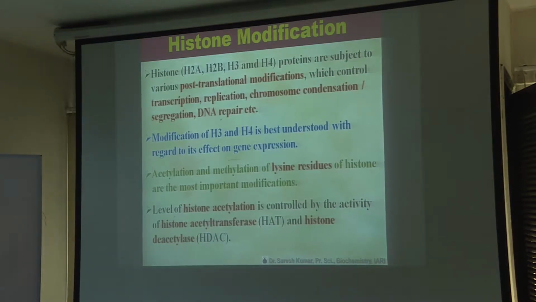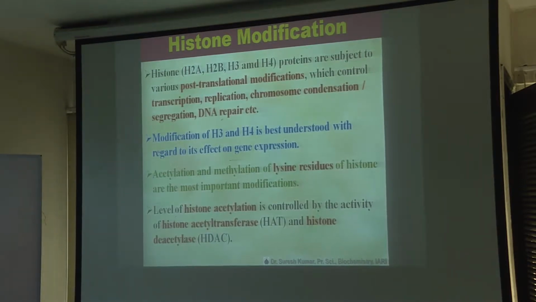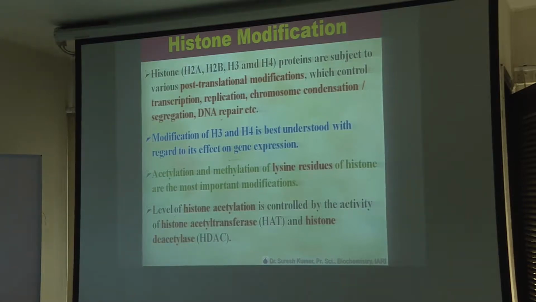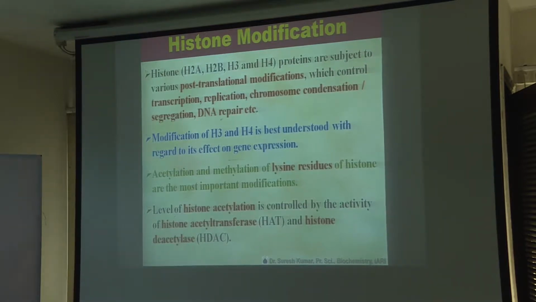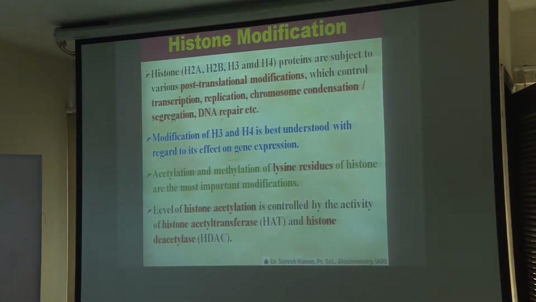And then as I said earlier, where to do methylation, either in case of DNA or in case of RNA, has to be guided by a small RNA, and in this particular case we call it siRNA.